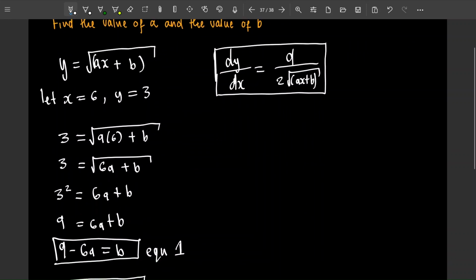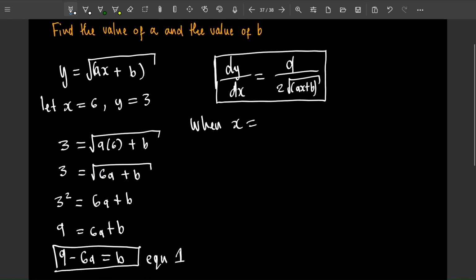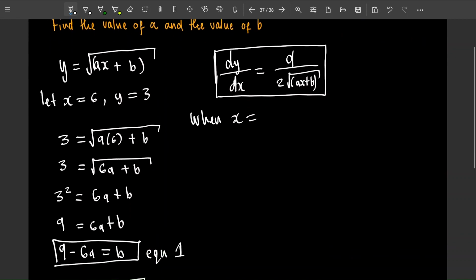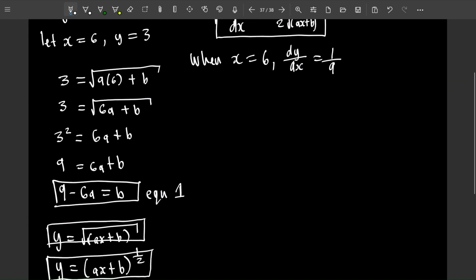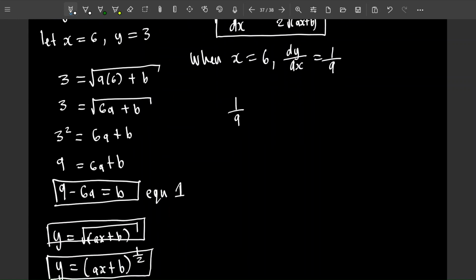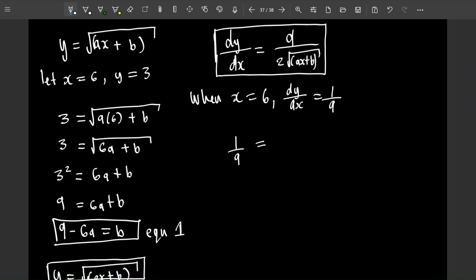We know that. So here we'll say, when x is equal to 6, dy dx will be equal to 1 over 9. So I could say 1 over 9 is equal to a over 2 multiplying the square root of a times 6, which I could just write as 6a, then plus b.